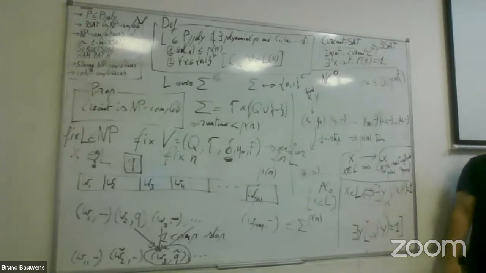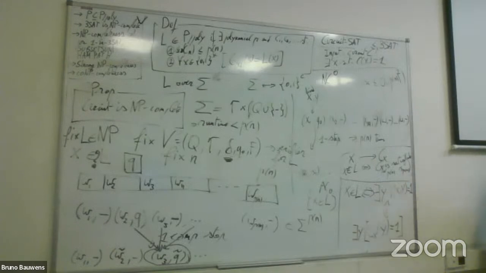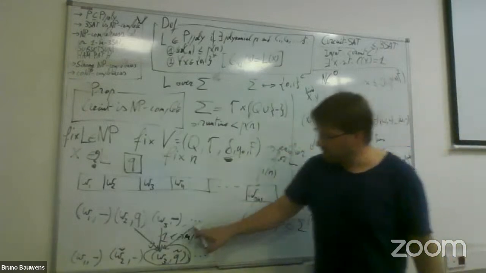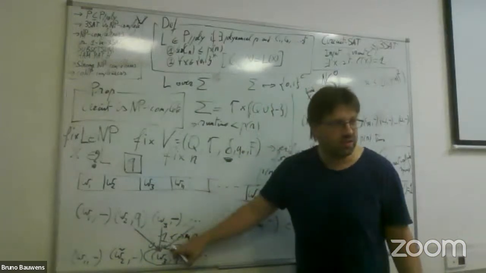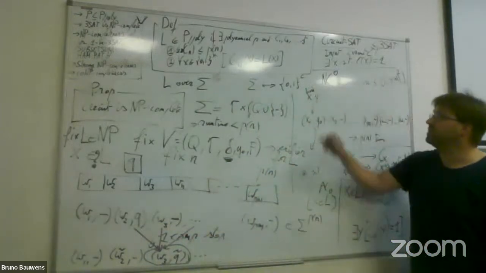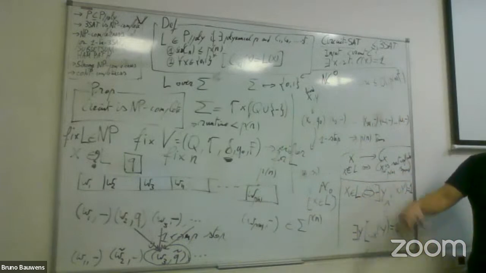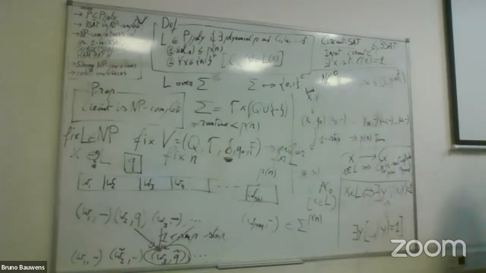We build for that verifier the same circuit that has polynomial size. Once we fix the verifier, we know how to implement this constant mapping, and also the start mapping and this end mapping. So yeah, it's easy.